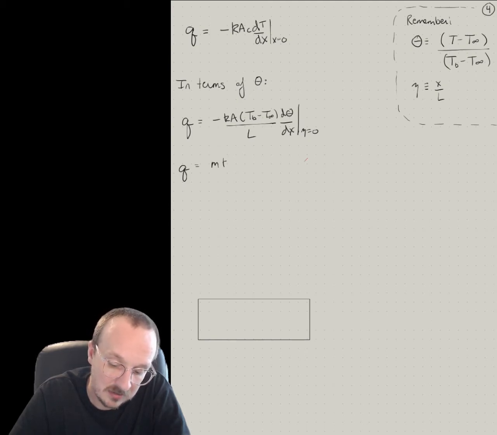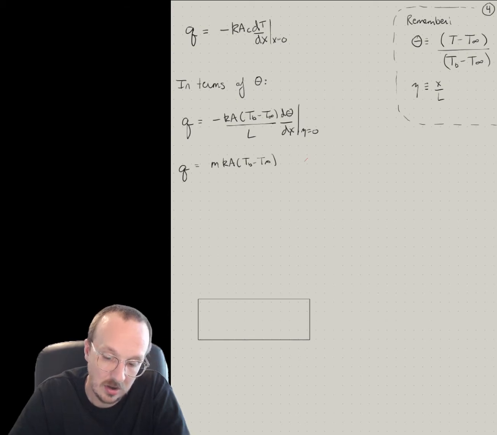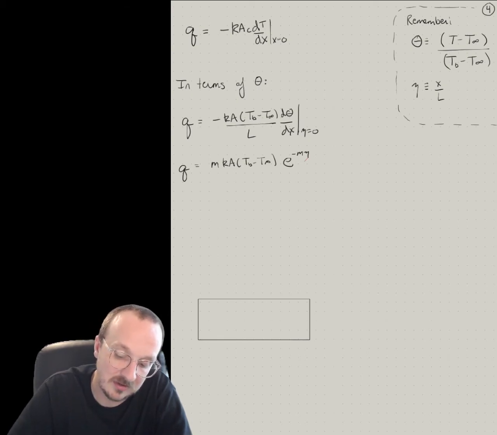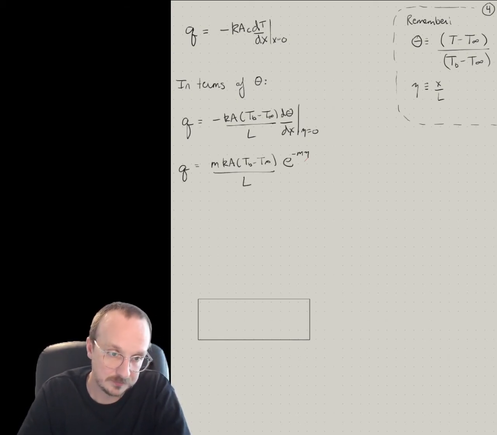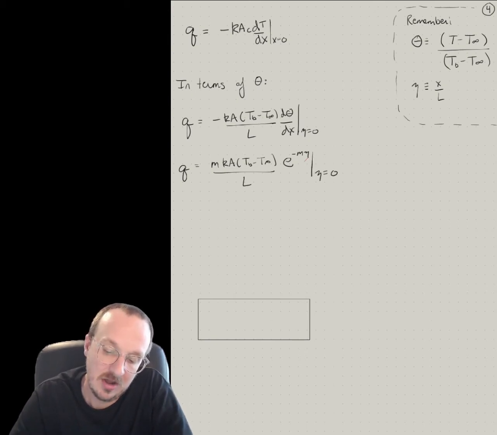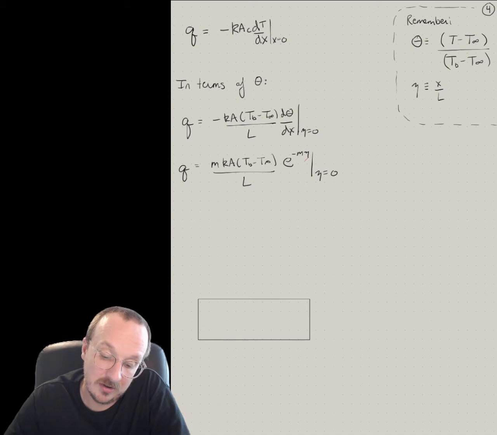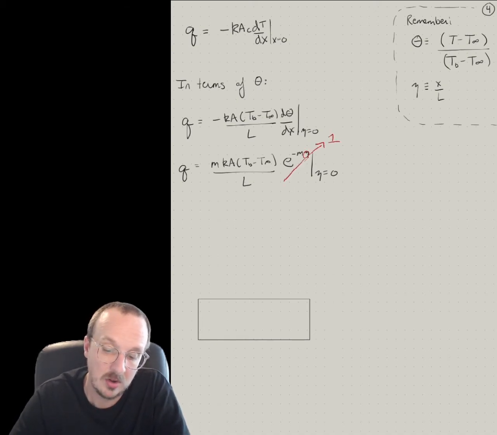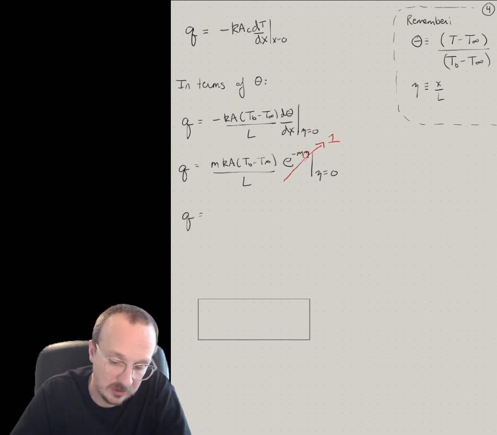We have m k A (Tb minus T infinity) e to the minus mz divided by L at z equals 0. If we plug z equals 0 here, e to the 0 is going to be 1. So you're left with q equals m k A (Tb minus T infinity) over L.